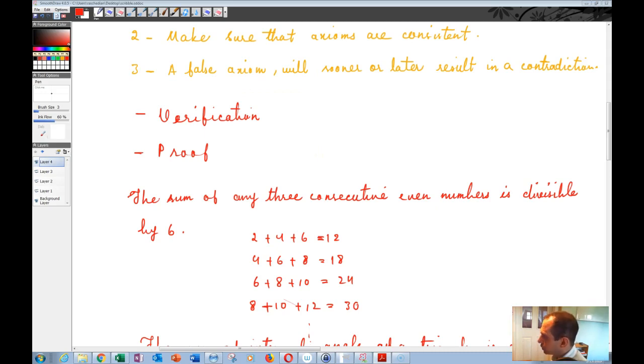Proving a statement is a process of establishing the truth of a mathematical statement based purely on mathematical logic, on mathematical arguments and mathematical logic. That's called mathematical proof. So how does it work?